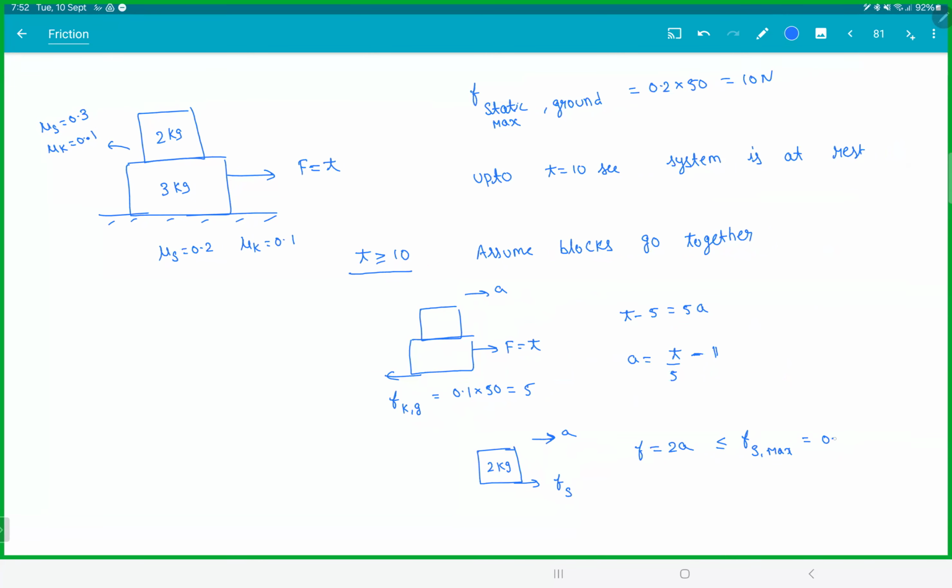This is 0.3 into 20, which is 6. So we have 2 into (T by 5 minus 1) less than or equal to 6. So we get T must be less than or equal to 3 plus 4, that is 20 seconds. There. So up to 20 seconds they're going together. After 20 they'll slip. Have a look at till here.